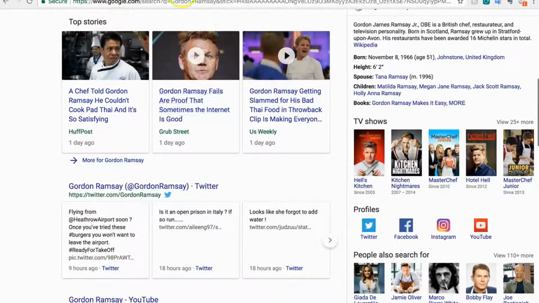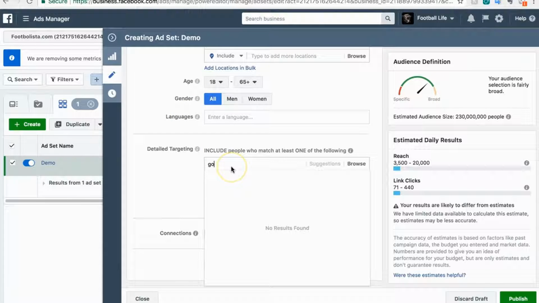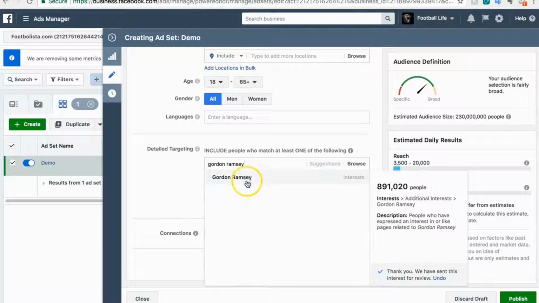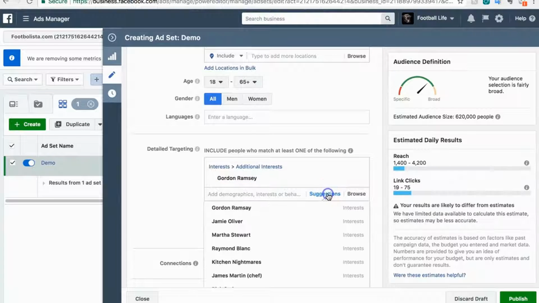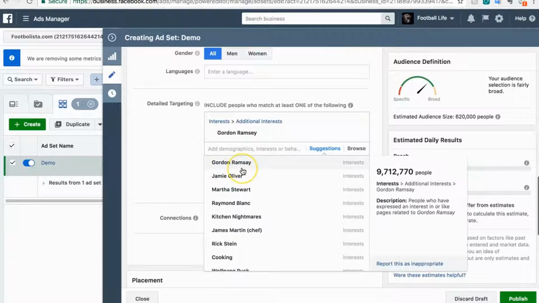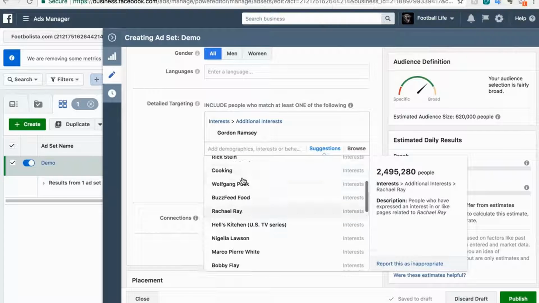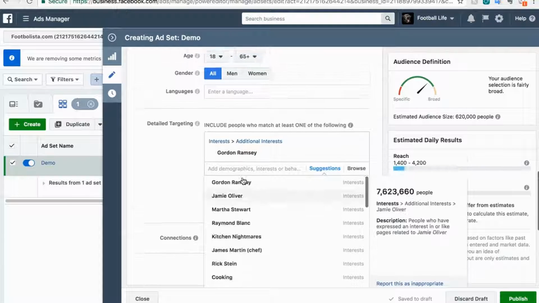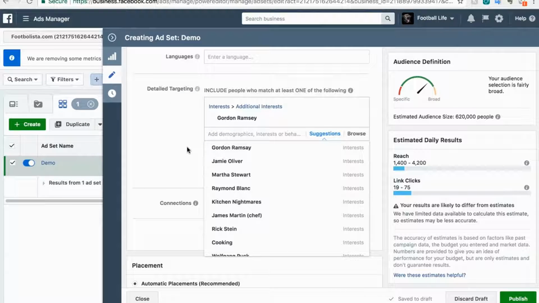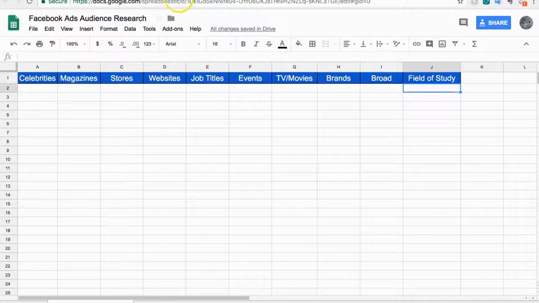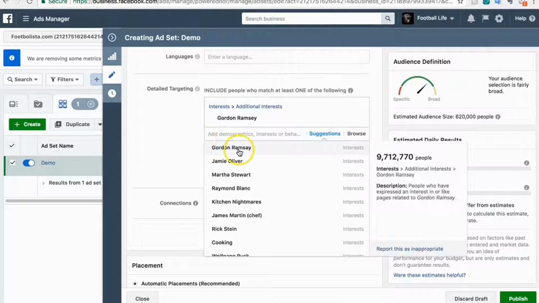What I usually do is go with one name first, Gordon Ramsay, and once you click the suggestion right here, you see a crap load of other people who are also cooks show up. Once you find one, you can start the research from there and create a list of people or fan pages that you see on the advertisements themselves.